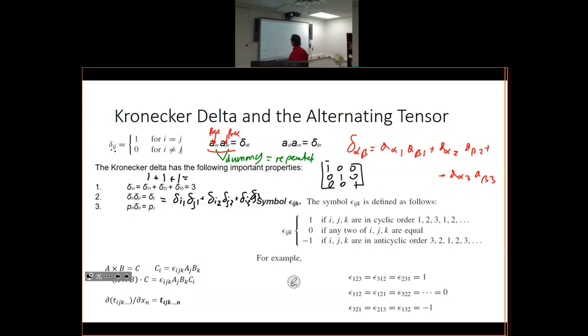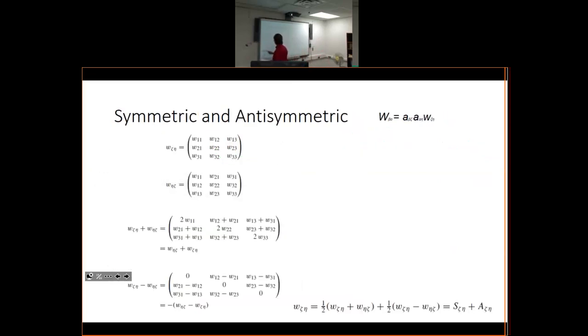But other terms, of course, could also be useful. For example, if I have A_ij B_jk, what is this? Well, I notice that you have one repeated index, which means summation.